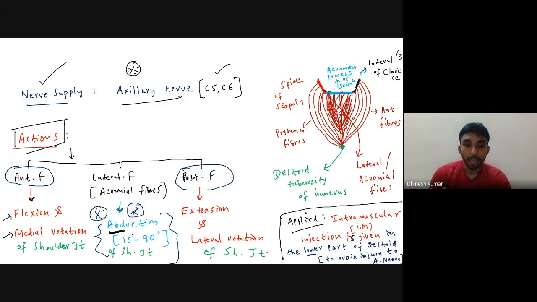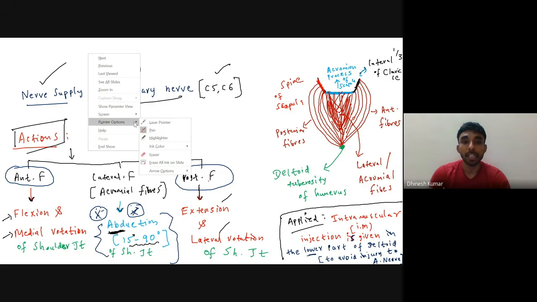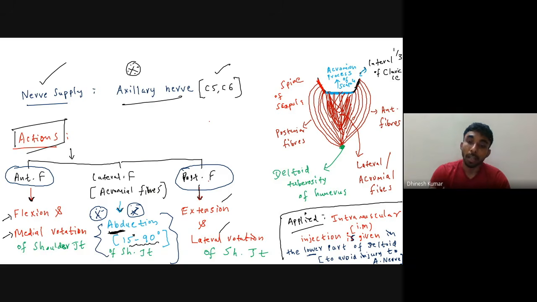Specifically it causes 15 to 90 degree abduction of the shoulder joint. And posterior fibers, just opposite to the anterior fibers, cause extension and lateral rotation of the shoulder joint. So this is about the actions of deltoid muscle. Almost all the movements of the shoulder joint are performed by the various fibers of deltoid.